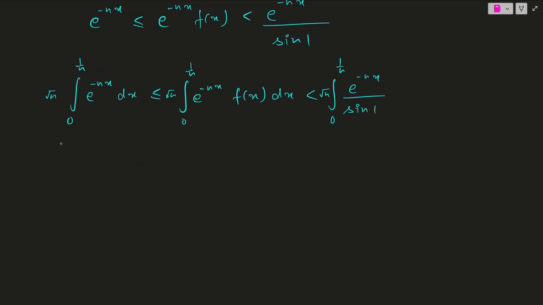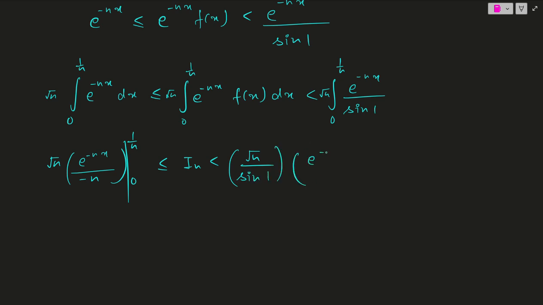After evaluating this, it will become root n times e raised to power minus nx by minus n, from 0 to 1 by n.